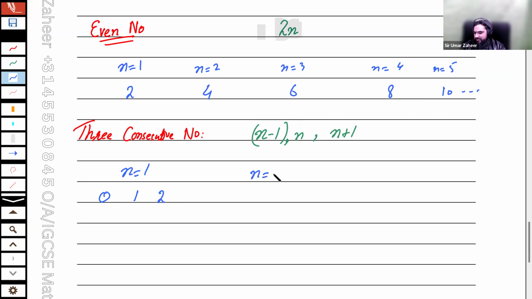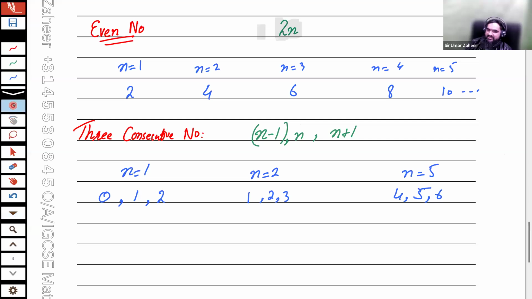If you substitute n is equal to 2, you will get 1, 2, and 3. If you substitute n is equal to 5, you will get 4, 5, 6. Normally, in the proof, it says there are 3 consecutive numbers and you have to prove that their product is equal to something, like this.